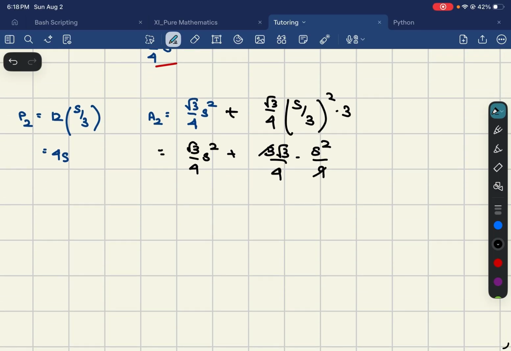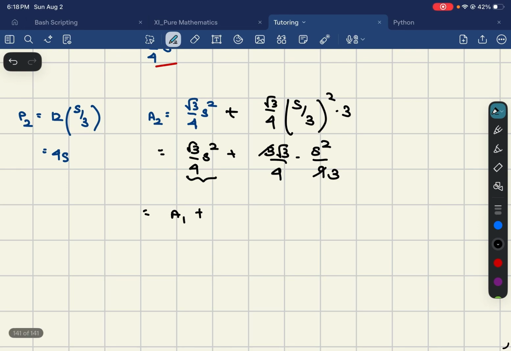And this is going to simplify to give me this, I think. Sorry. Yeah, it's going to simplify to give me root 3 over 4 S squared. So I'm just going to call this the area of my original triangle, right?